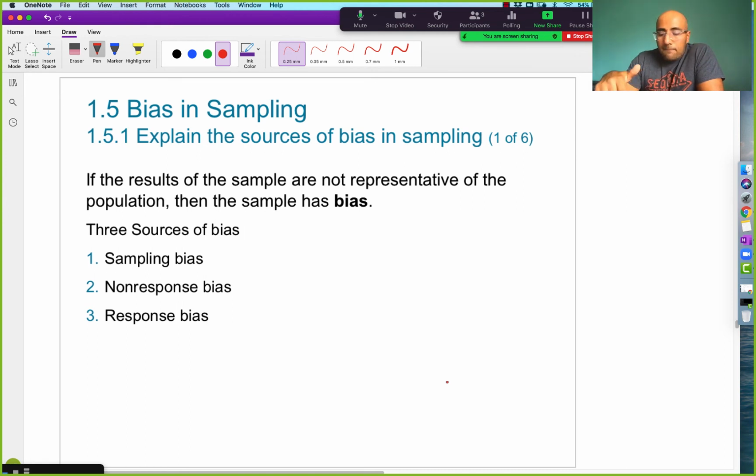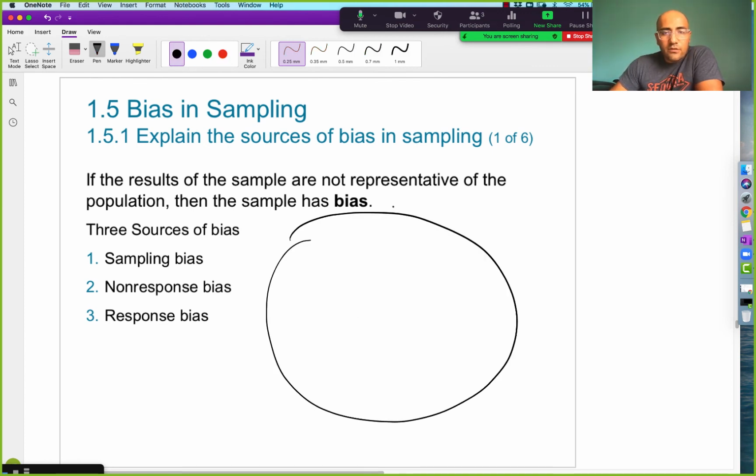So when you have bias, then your results aren't going to be as good, right? Your sample doesn't do a good job of representing the entire population, so the results aren't going to be very good. And when I say the results, I should make that clear, right? Our goal in statistics is to have, we have a giant population, and we want to know something about this population.